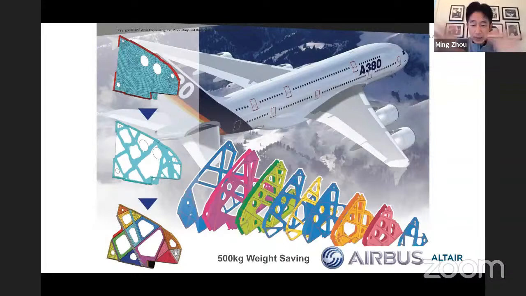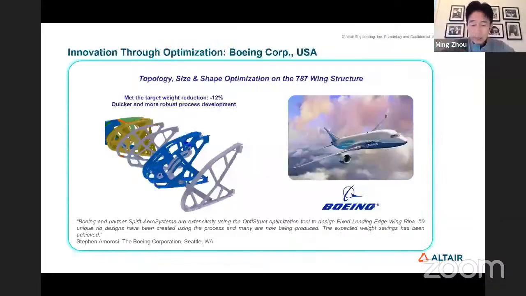So basically they organized massively to use optimization, not just topology optimization, but it's part of it, to reduce weight of the design. And not only Boeing applied it, I think it triggered other supply chain.